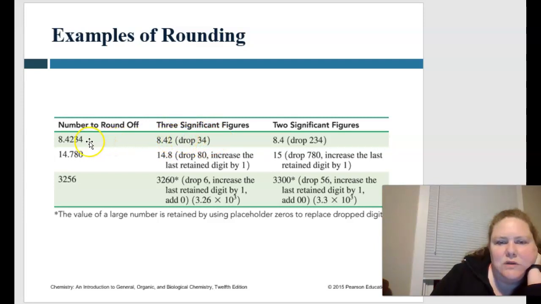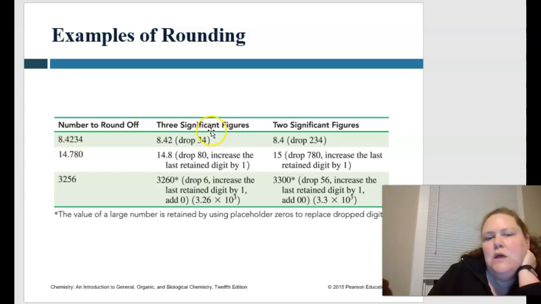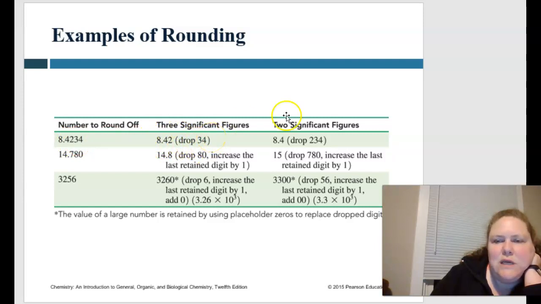Okay, if it was 8.425, then that 2 would make it up to a 3. Okay, but again, we're going to go through some examples. So if we want 3 sig figs, this original number of 8.4234 would be rounded to 8.42, and we drop those last 2 digits, 3 and 4. If we wanted only 2 sig figs, then that would be 8.4.